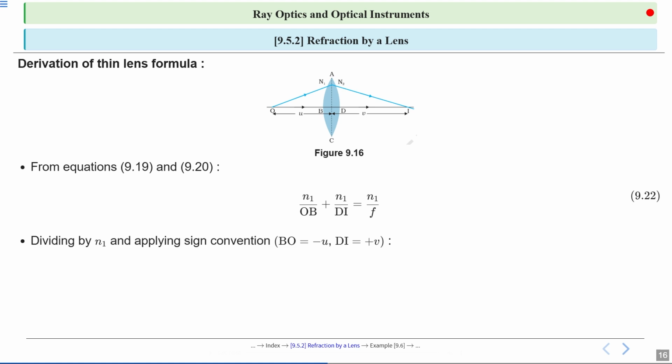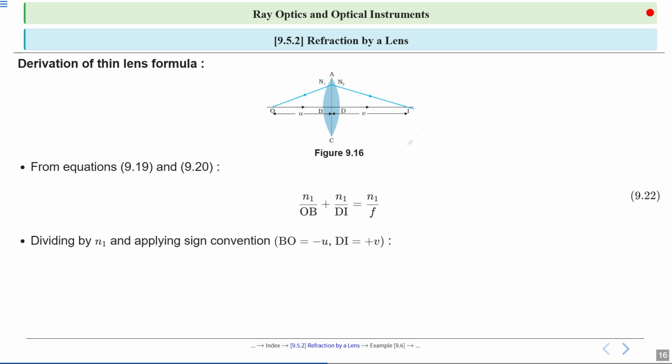Now dividing on both sides by N1 and applying the sign conventions. OB is the object distance. Object is on the left side of the lens, and we measure the object distance against the direction of incident light, so it will be taken as negative and image distance will be taken as positive, according to sign conventions.